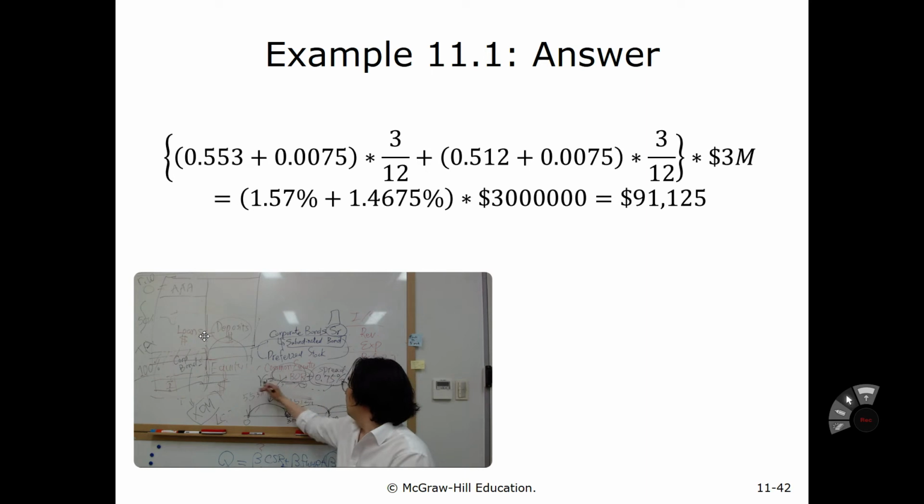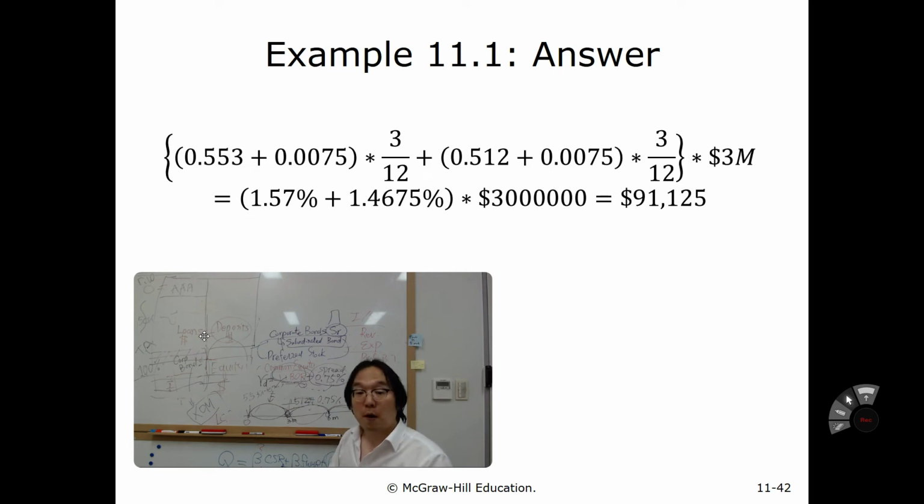5.12 plus 0.75 percentage point at each time point, and that stands for the next 3 months period. One thing to remember is that you have to multiply it by 3 over 12, because this is a 3 months interval, whereas your LIBOR interest rate is quoted on a per annum basis.